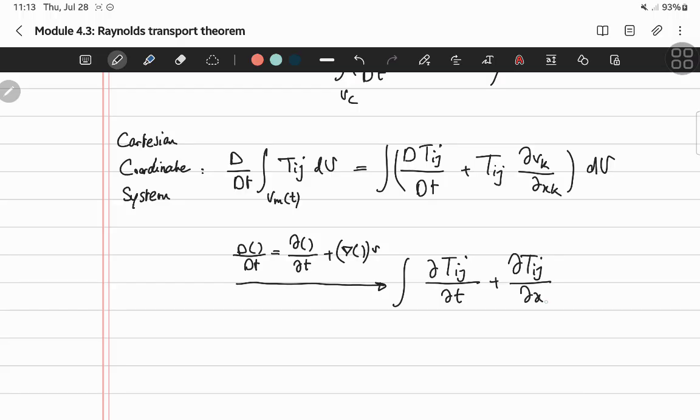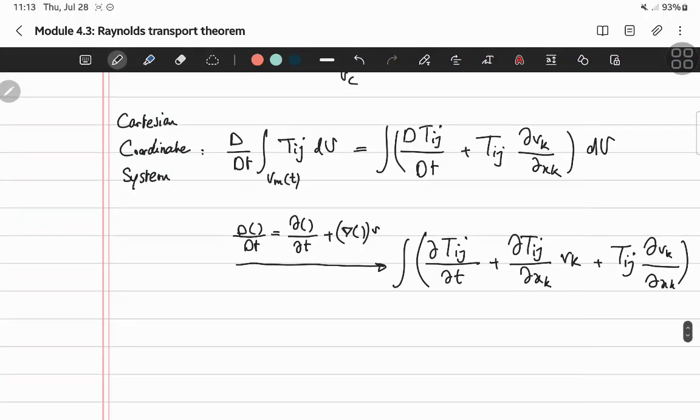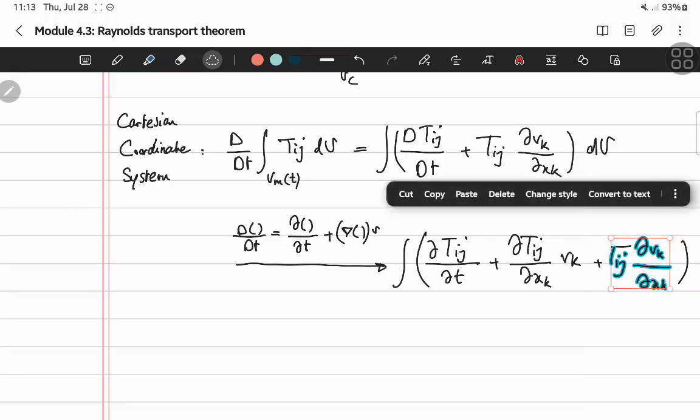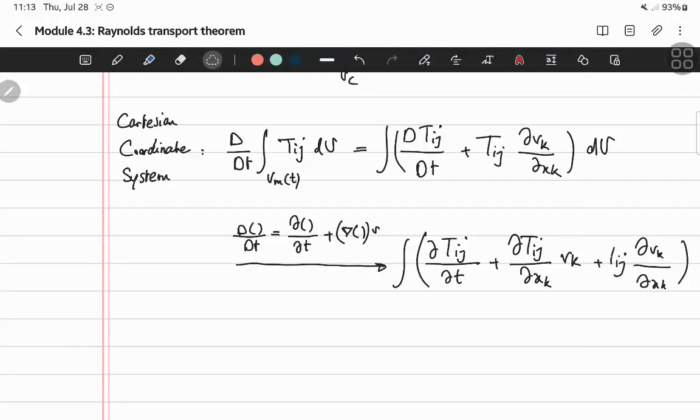This will give us a second order tensor, plus Tij times the partial derivative of vk with respect to xk, whole, dV.